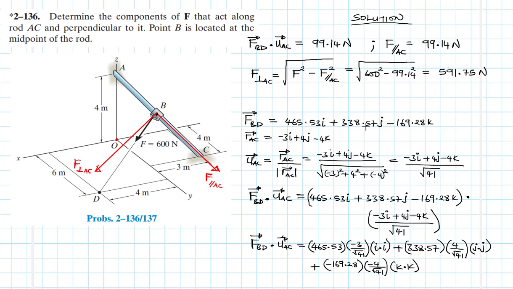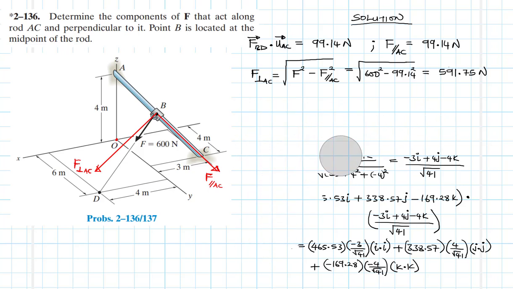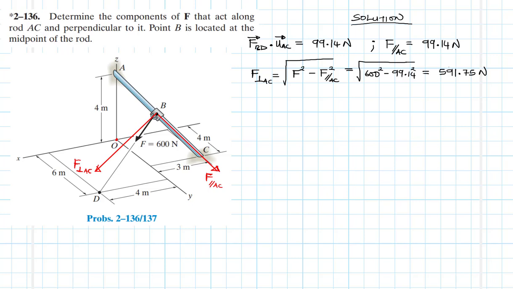Is that okay? It is. So let's write down the summary. The summary of the solution is as follows. The parallel force, parallel to AC, is equal to 99.14 newtons.